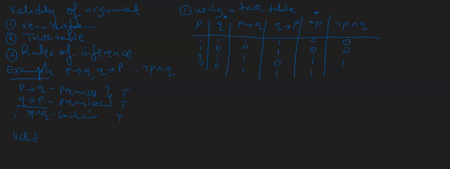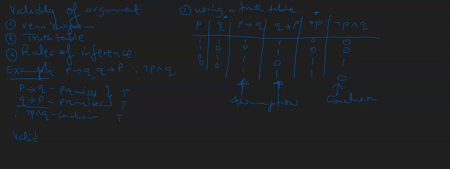And the last one is true and false, false. Now note that this column is for the premise, this is the other premise or assumption, and this is the conclusion.